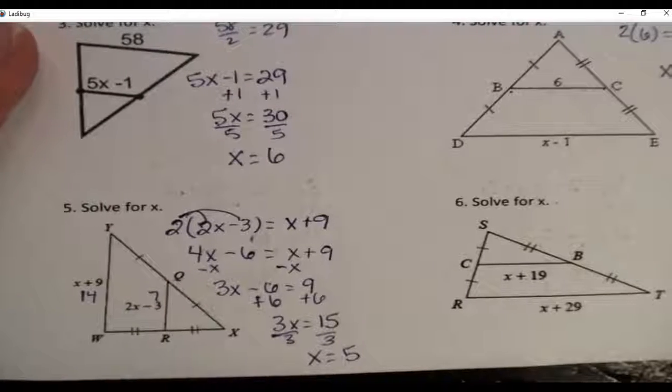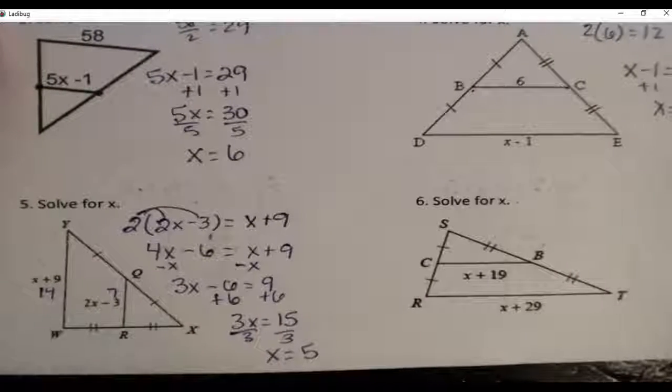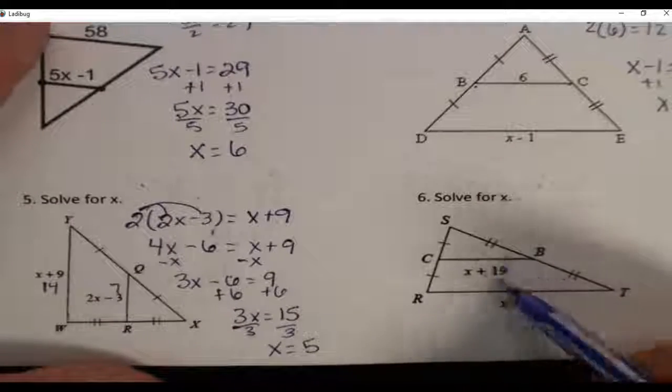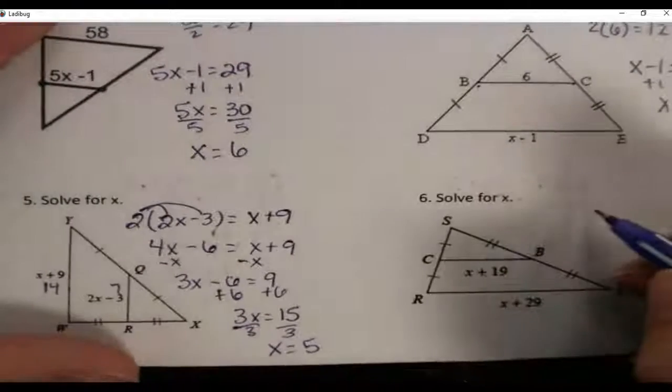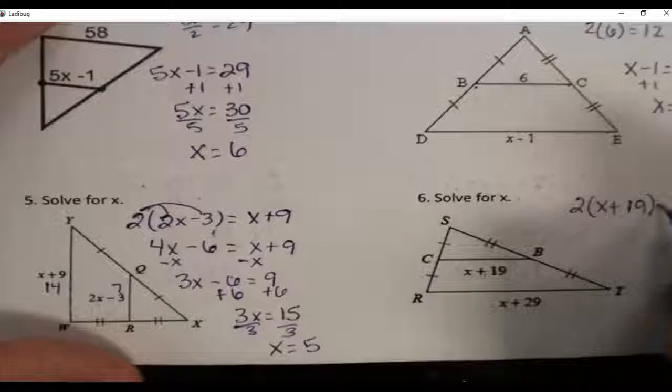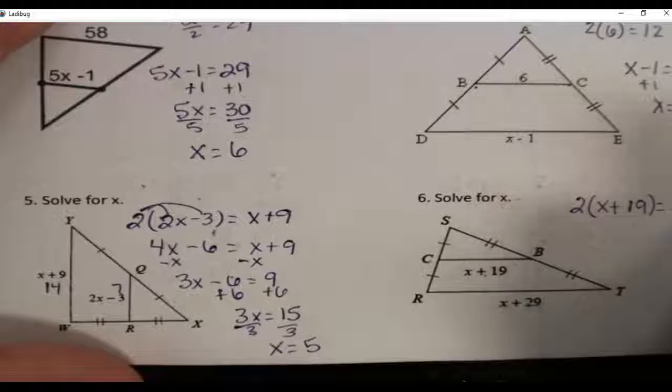Okay. Let's do one more. So same thing on 6. I don't know the length of either one of them, but I know I can multiply this mid segment by 2. So 2 times x plus 19 equals x plus 29.